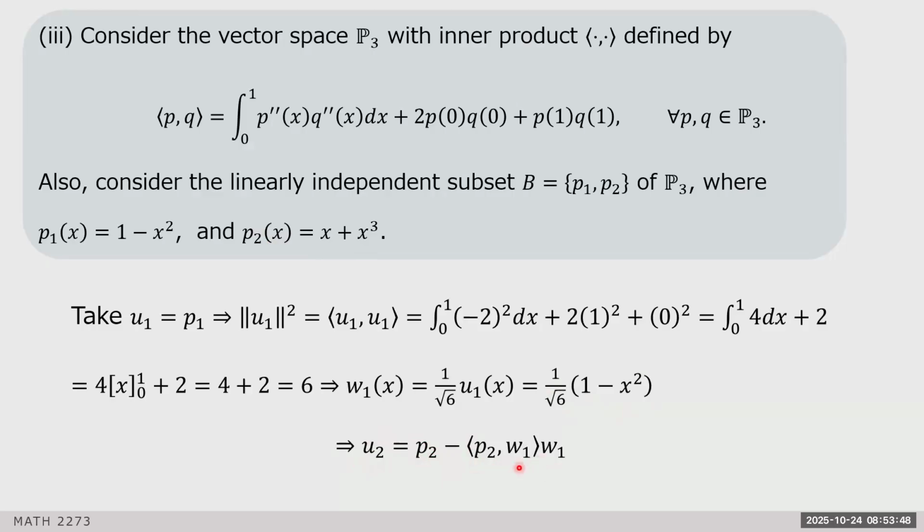So I need to work out what this inner product P2, W1 is. This is P2, and this is W1, and this is the formula for how to get the inner product between them.